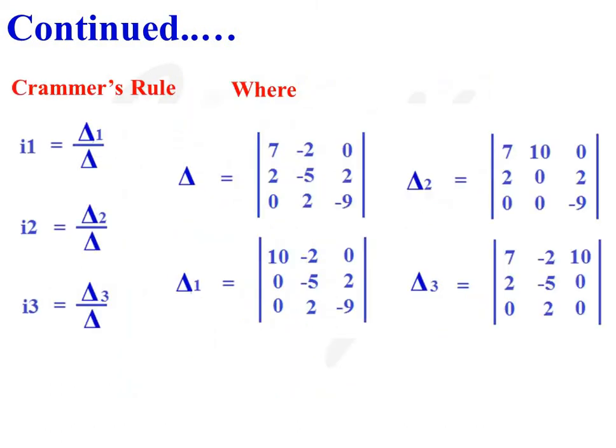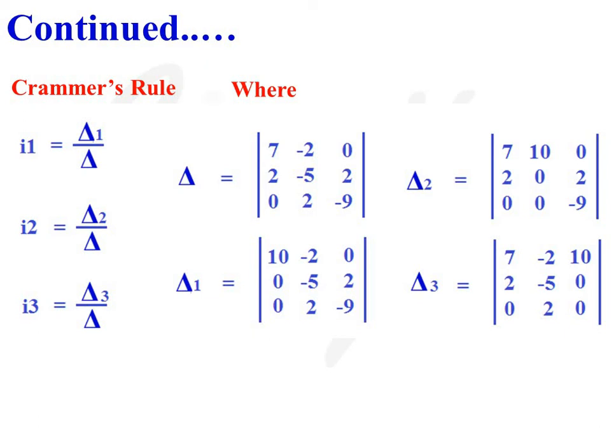According to Cramer's rule, I1 is equal to delta 1 by delta, I2 is equal to delta 2 by delta, and I3 is equal to delta 3 by delta, where delta is equal to determinant of 7 minus 2 0, 2 minus 5 2, 0 2 minus 9. Delta 1 is equal to determinant of 10 minus 2 0, 0 minus 5 2, 0 2 minus 9.